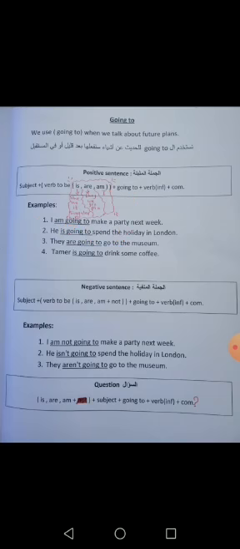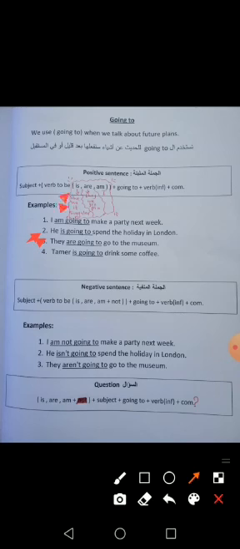So the next example. He is going to spend the holiday in London. Here we use with he what? Is. He is going to spend, verb infinitive. The holiday in London is the complement. We don't add anything to the verb.